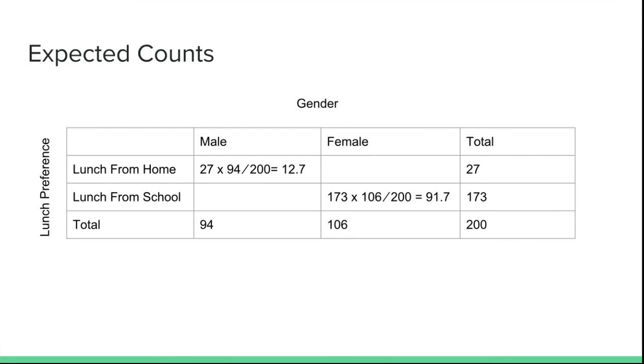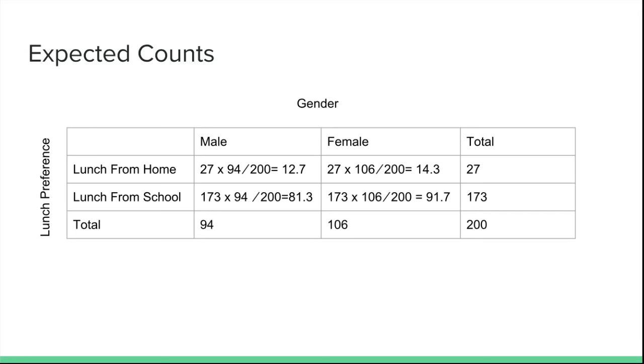For the quadrant of female and lunch from school, you would multiply the row value of 173 by the column value of 106 and divide it by 200, producing a value of 91.7. You would do this for the other 2 quadrants as well, producing a value of 14.3 in the female and lunch from home quadrant and a value of 81.3 in the male and lunch from school quadrant.